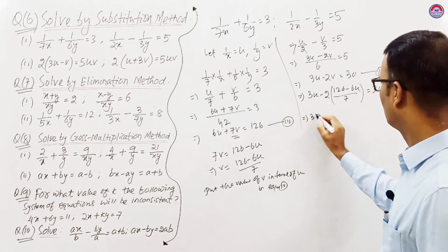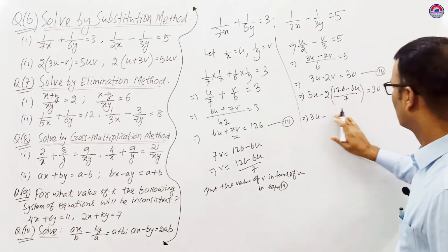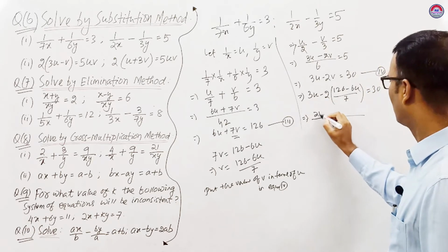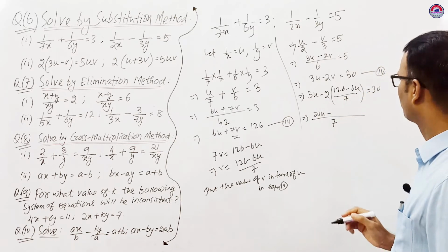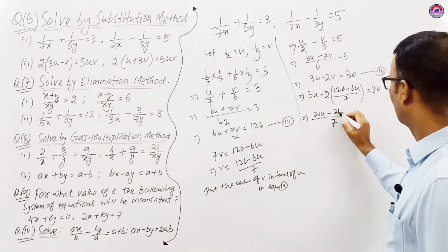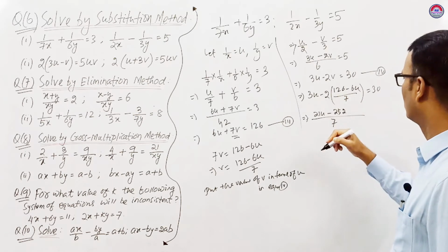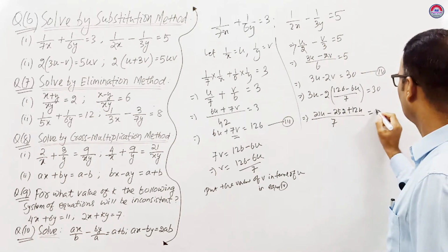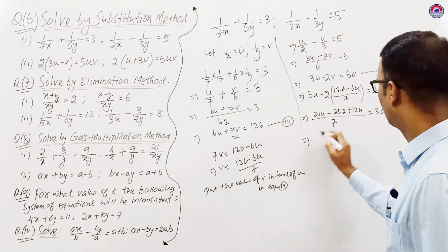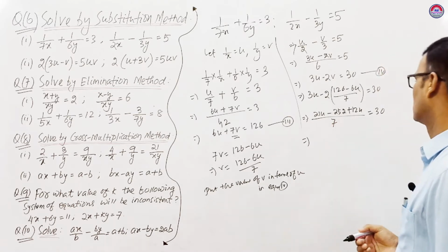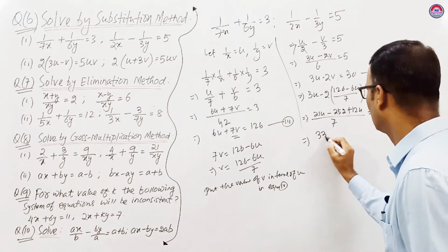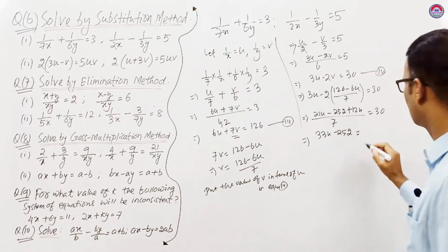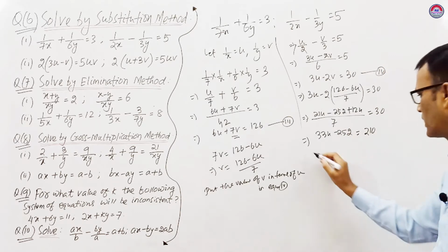That implies 3u minus, you can take 7 as LCM here. It will be 21u minus 2 times 126, that is 252, plus 12u equal to 210. That implies 21u plus 12u is 33u minus 252 is equal to 7 into 30, that is 210.